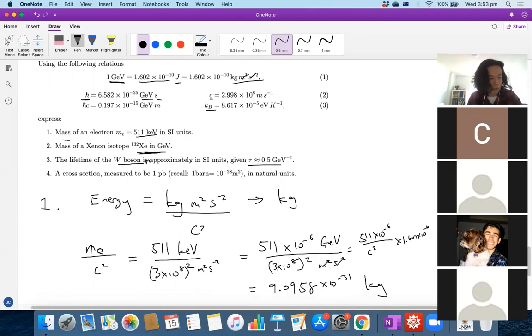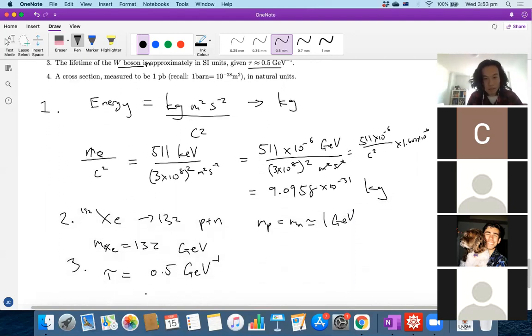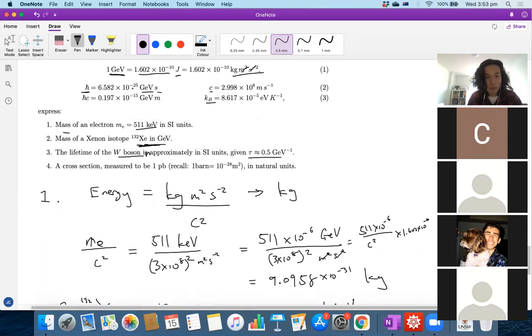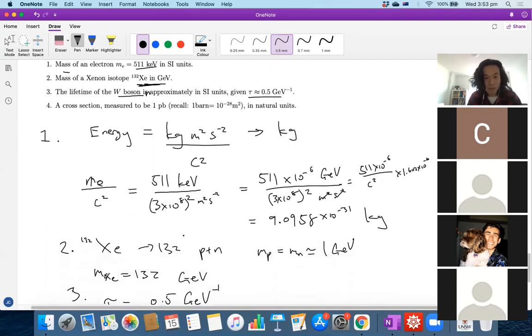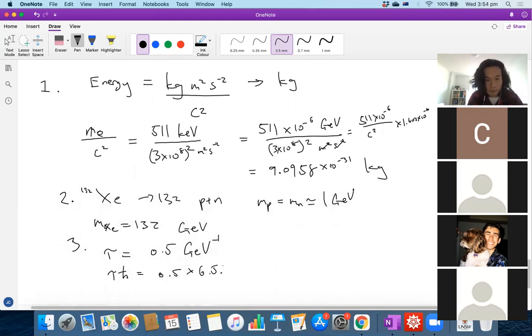So if I multiply tau by H bar, I get 0.5 times whatever number H bar was, 6.582 times 10 to the minus 25. I have the inverse GeV from the tau and a GeV second from the H bar. The GeV and inverse GeV cancel out, so the rest is just seconds. That gives me about 3.3 times 10 to the minus 25 seconds.